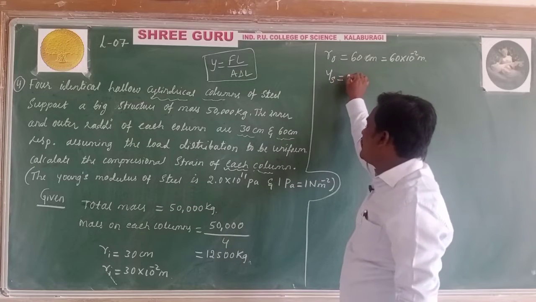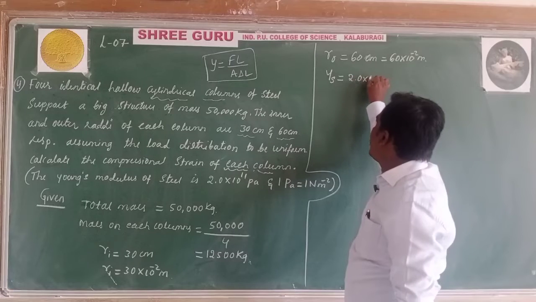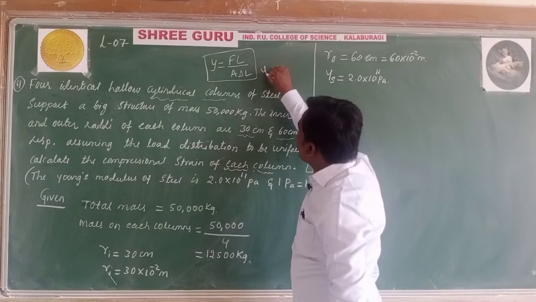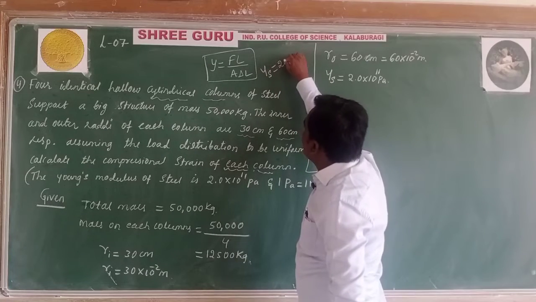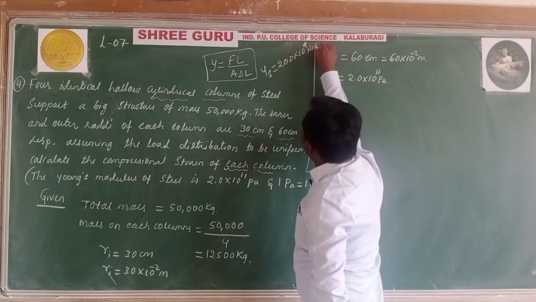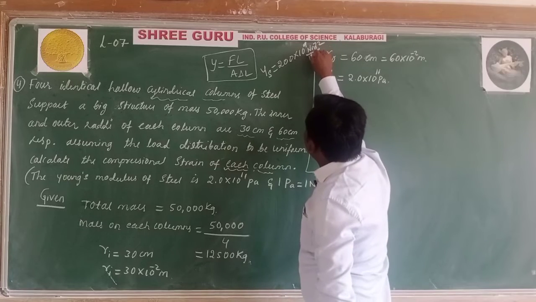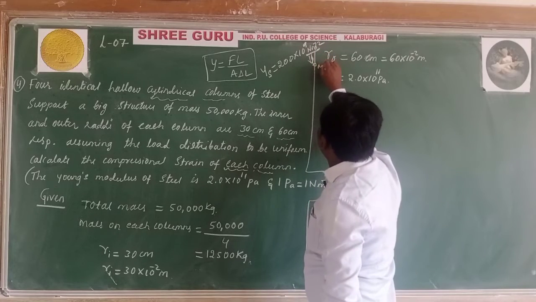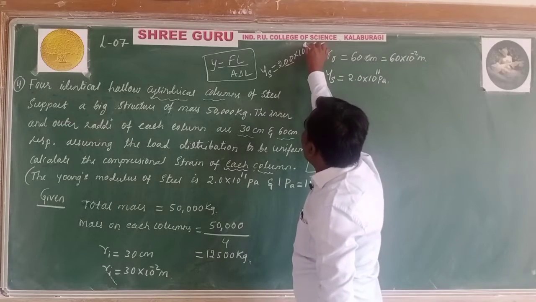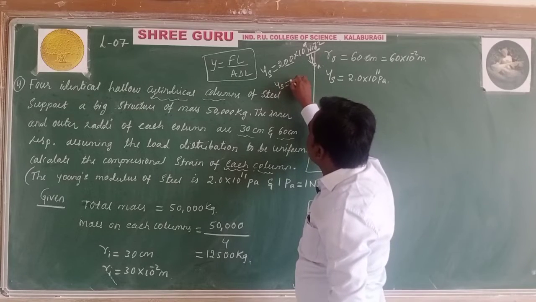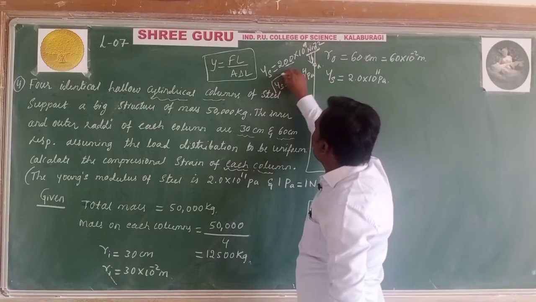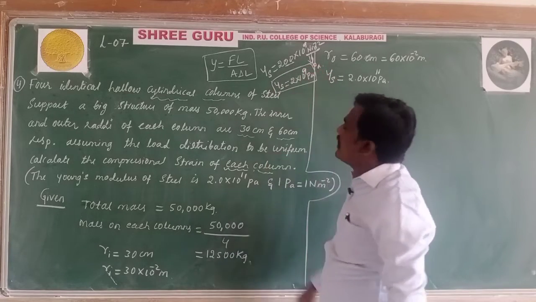Young's modulus of steel is equal to 2.0 into 10 to the power of 11 Pascal. In the last numerical, we used Young's modulus of steel equal to 200 into 10 to the power of 9 Newton per meter square. Newton per meter square is nothing but a Pascal in terms of pressure. The power varies, as these two zeros add here. So Young's modulus of steel is 2 into 10 to the power of 11 Pascal.